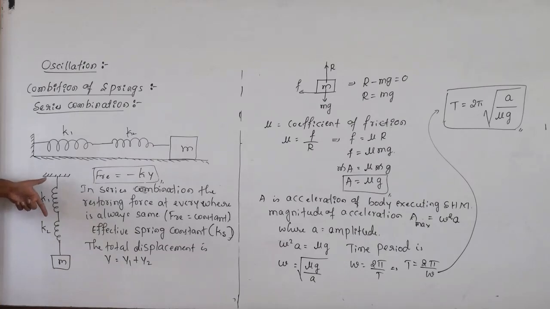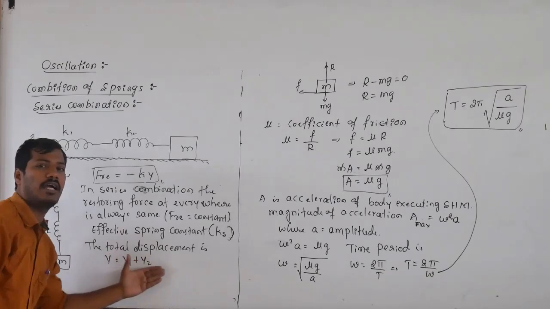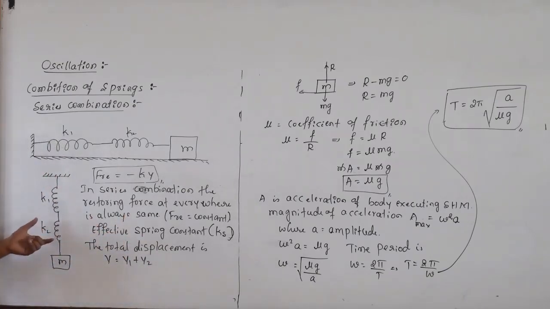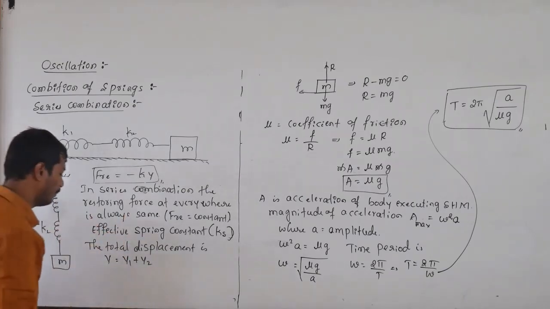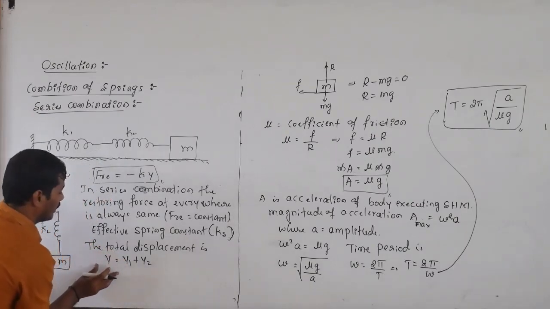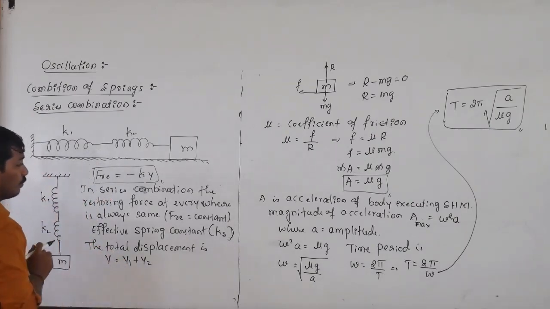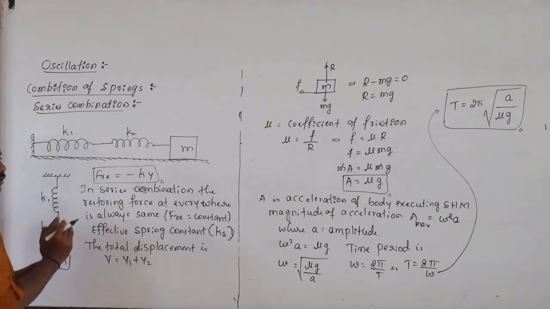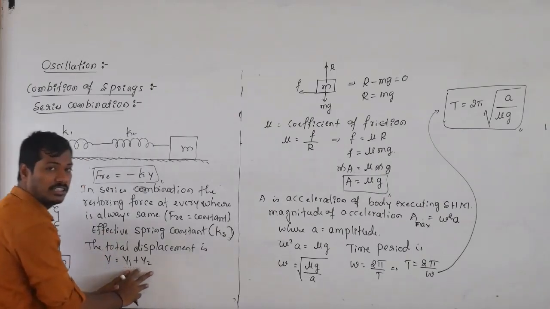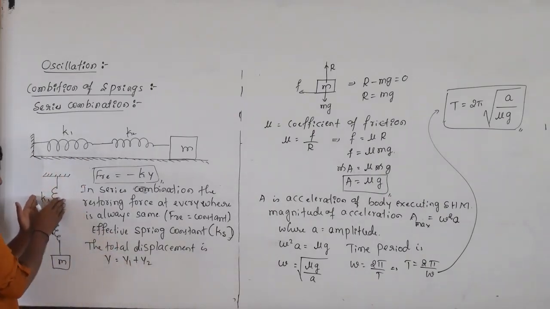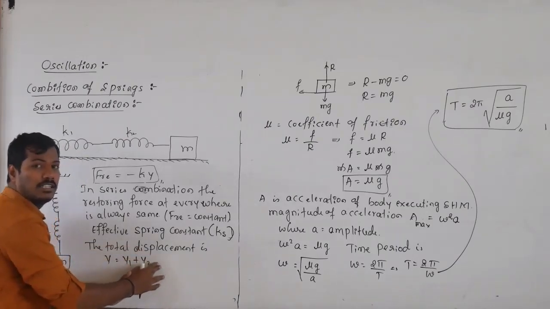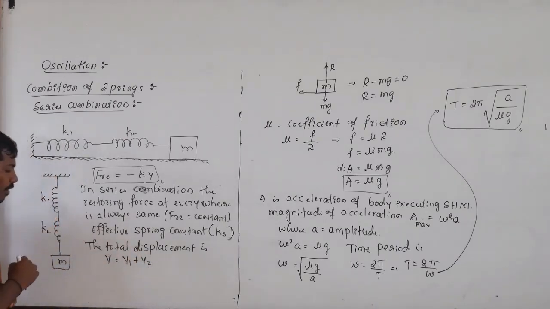The elongation of the first spring is different from the elongation of the second spring. The elongation of both springs is different, so it is y1 and y2. The lengths of the springs are also different. So y is called the total displacement of the combination. y1 is the displacement of the first spring, y2 is the displacement of the second spring.